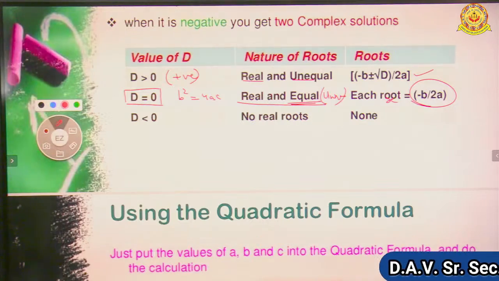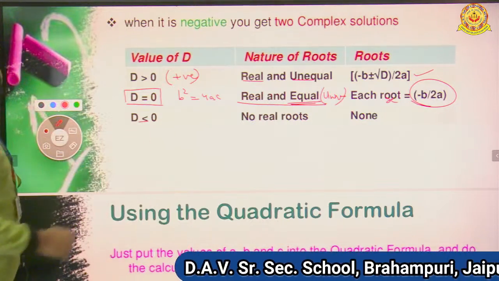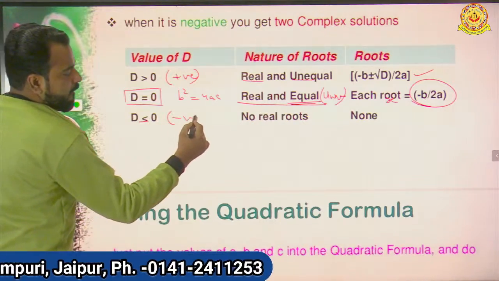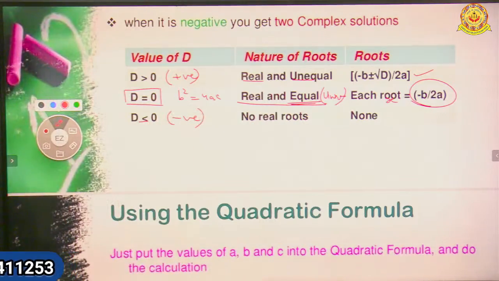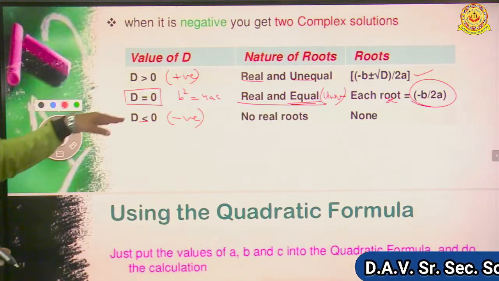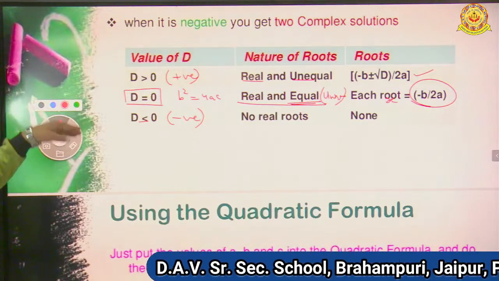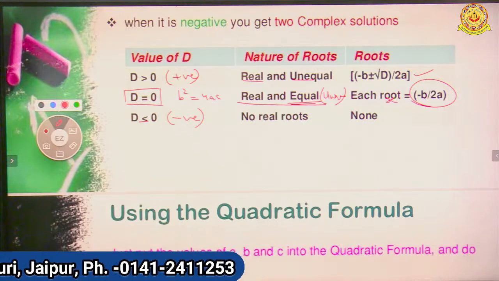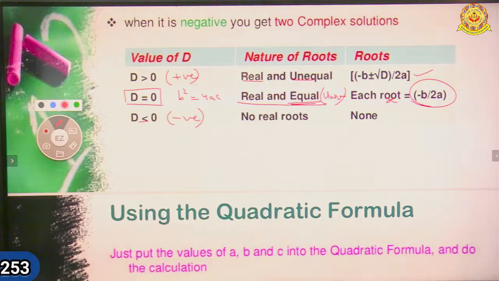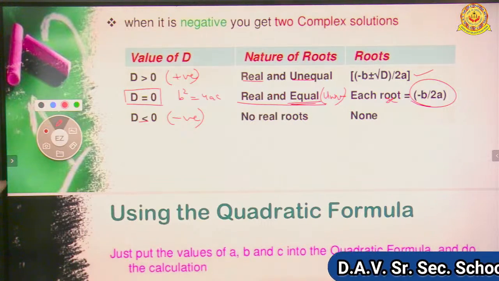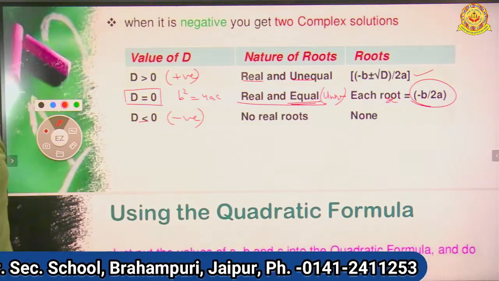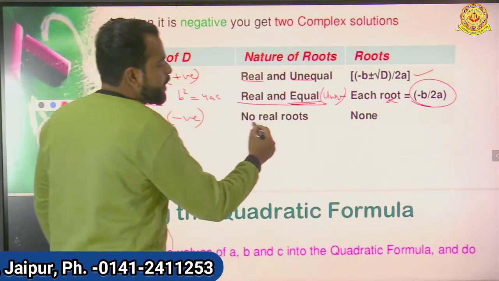Now the third situation, when D is less than 0, that means this is the case where your D will be negative, because it will be less than 0 only when the D value is negative. Less than 0 means the value will be in negatives, then only it can be less than 0. Otherwise 0.1 is also greater than 0. Okay, so when D is less than 0, that means negative, there will be no real roots.